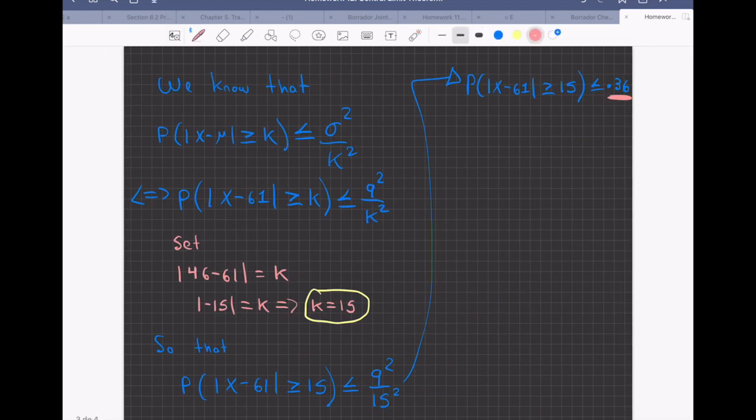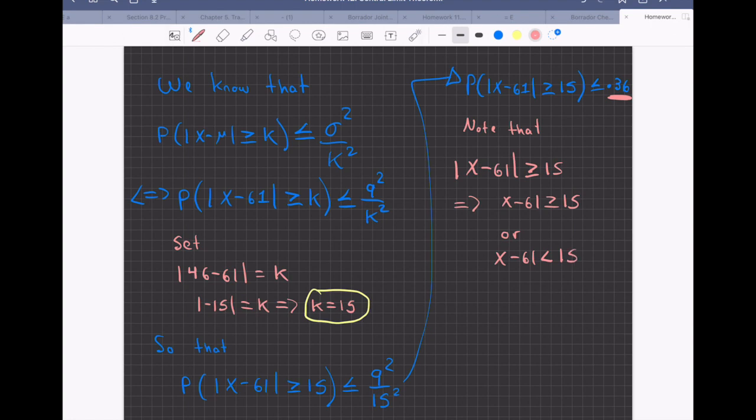Well, it turns out when you say the absolute value of x minus 61 is greater or equal than 15, here this implies two things: that x minus 61 is greater or equal than 15, or x minus 61 is no more than negative 15.